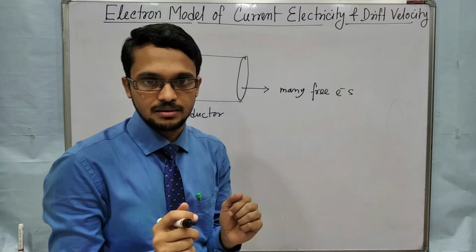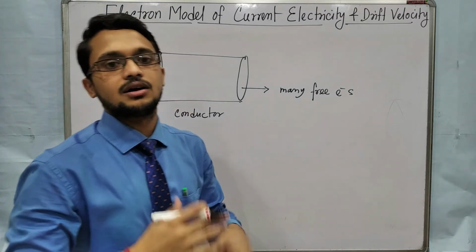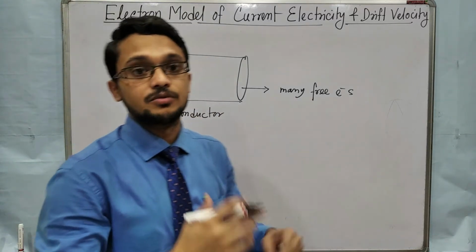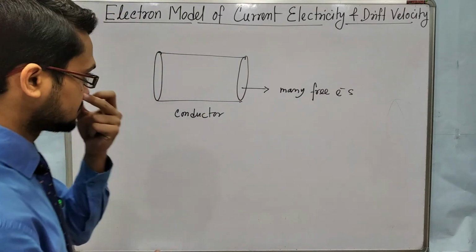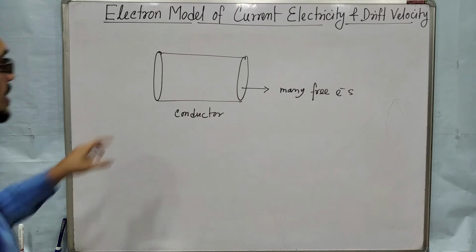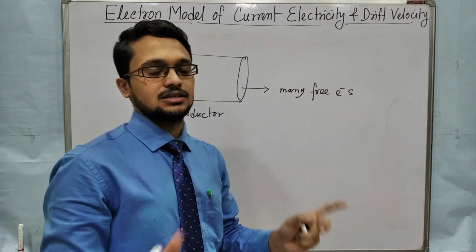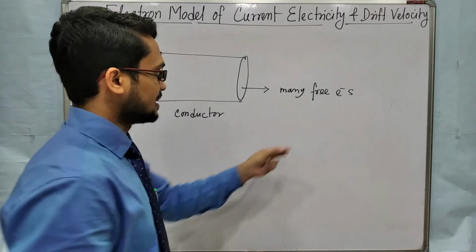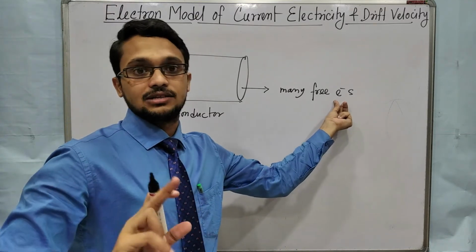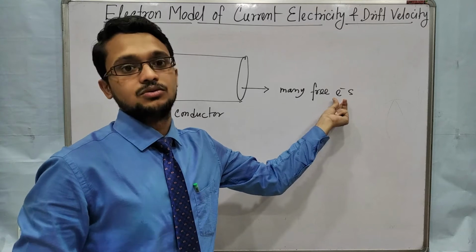Will these electrons be at rest at that position, or are they moving inside the material? What is happening? Whenever it is not connected to any external source, or there is no external electric field, then the electrons will still move. Due to what?